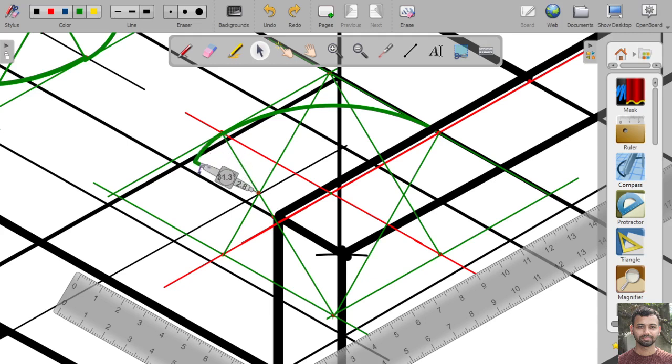So now we will draw it, and okay, now there is a little bit of this part that can be seen at this portion. So we have to draw that part also.